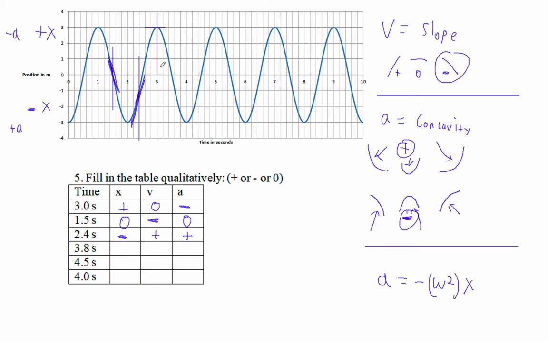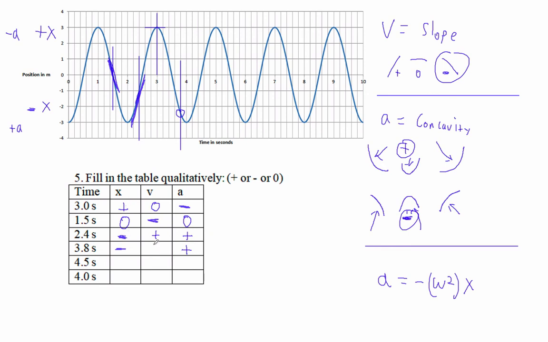All right, 3.8, let's find that. 3.2, 3.4, 3.6, 3.8. Okay, again, I believe our x is negative. I think this is a place where it's upwardly concave, so this is positive. These, by the way, are just always opposite each other. Yeah, if this one's positive, that's negative.